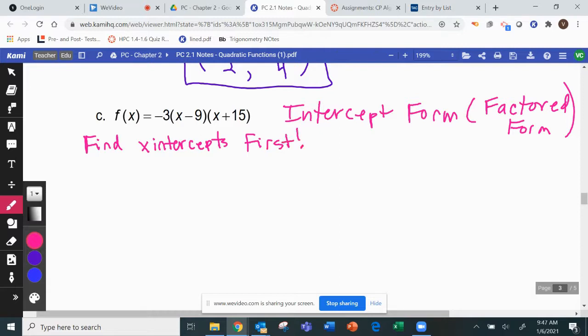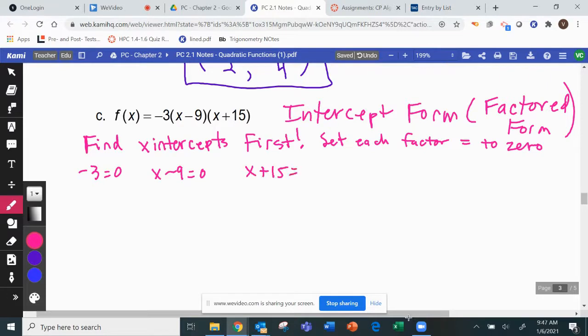And to find the x-intercepts, we set each factor equal to 0. So my factors would be negative 3, x minus 9, and x plus 15.